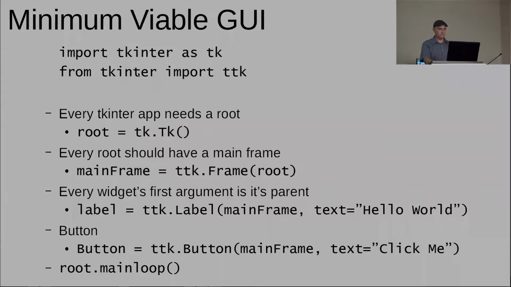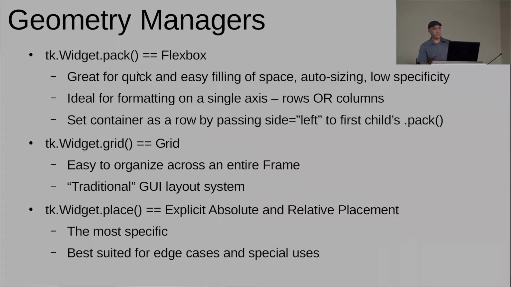All right. So geometry managers, like I mentioned, grid. Grid is the one I use the most. If you're familiar with CSS, well, first the other two are pack and place. If you're familiar with CSS, grid is your CSS grid, or like old table formatting from way back in the day. Pack is flexbox in that it is really good at very quickly filling either in a row or in a column.